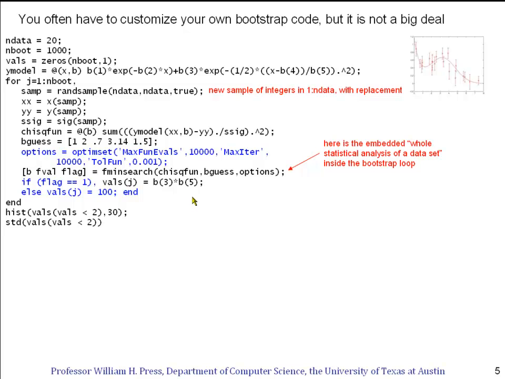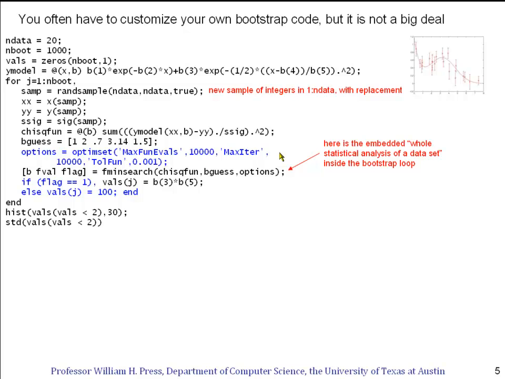Now there's another bit of realism in this example that I want to point out. Because we're going to do this search 1,000 times on different draws of the data, we have to include the possibility that our nonlinear minimum finder here could run into trouble, because nonlinear minimum finding is not always guaranteed to have a success.